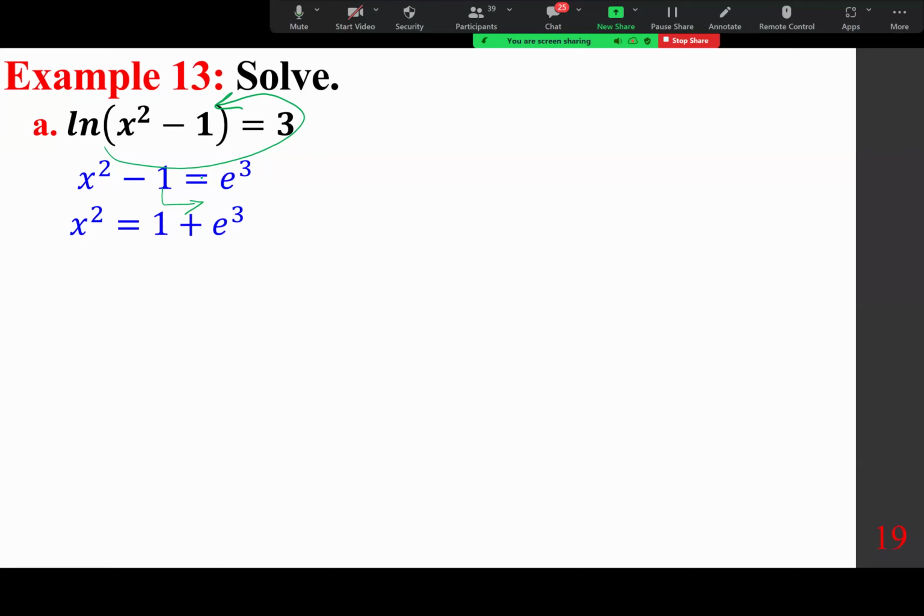And x is plus minus the square root of that. Now, it is important to make sure the argument of log is positive. And the reason both answers work is because you're raising them to the power of 2, regardless it becomes positive. And then minus 1 takes away 1 and still positive, okay? For example, if you put negative square root of 1 plus e cubed in there, it gives you 1 plus e cubed minus 1 becomes e cubed, ln of e cubed is 3.